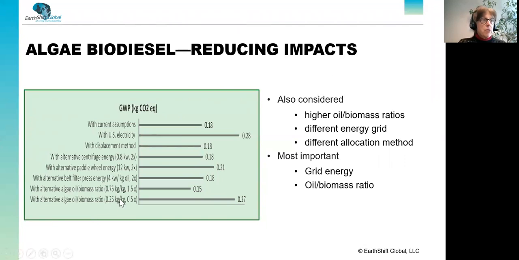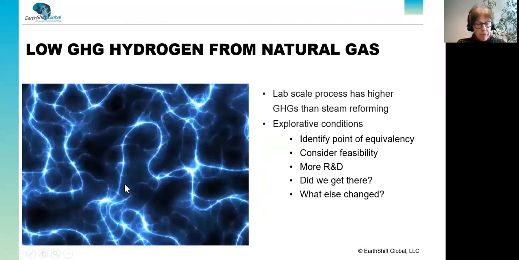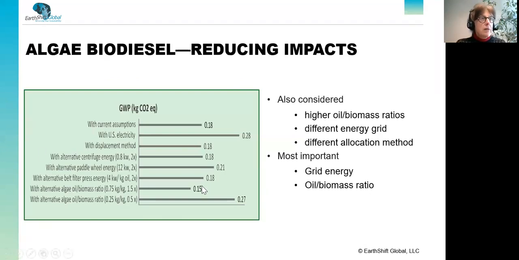You can see that with US electricity, as opposed to the baseline electricity, impacts went up pretty dramatically. If we change the oil to biomass ratio, we could actually change the results again pretty dramatically.